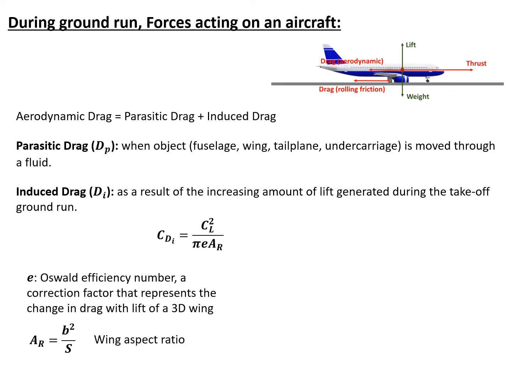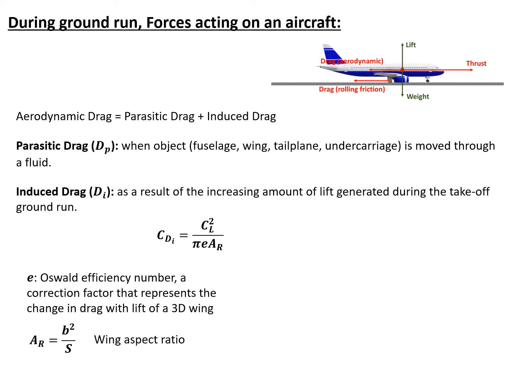E is an efficiency number, a correction factor that represents a change in drag with lift of a 3D wing. And the aspect ratio is b squared divided by S, the wing aspect ratio.